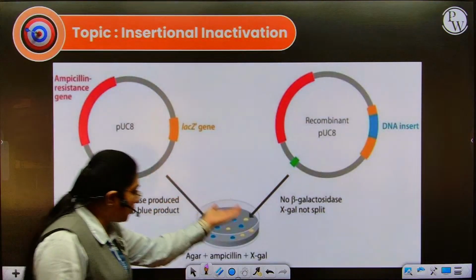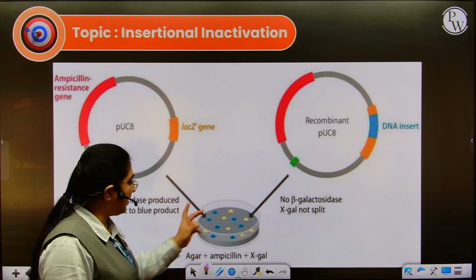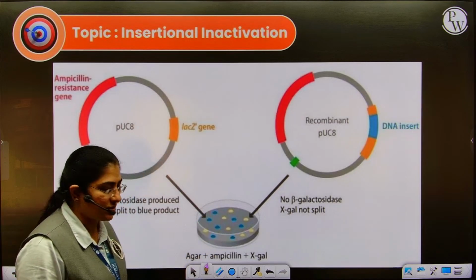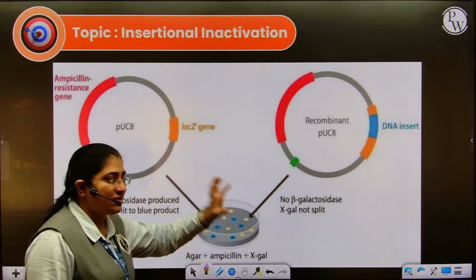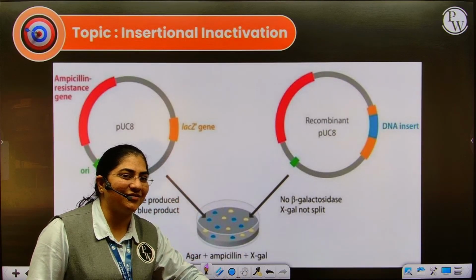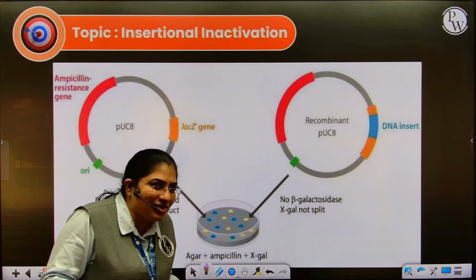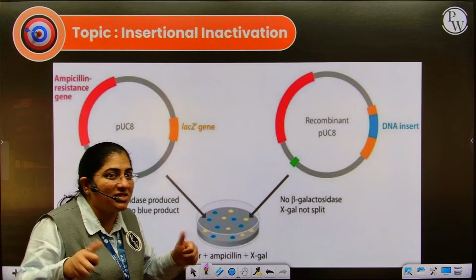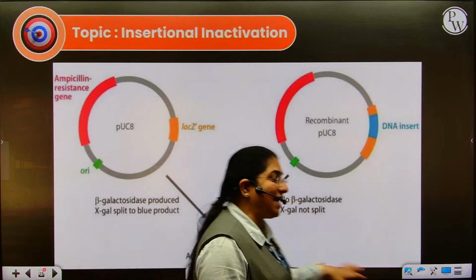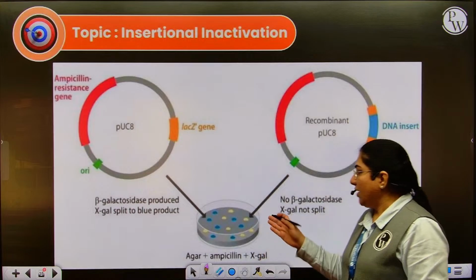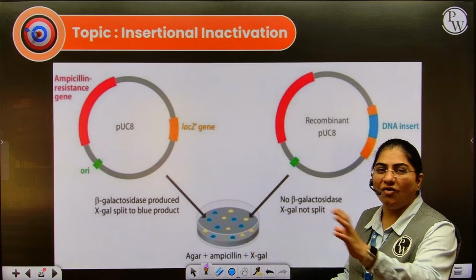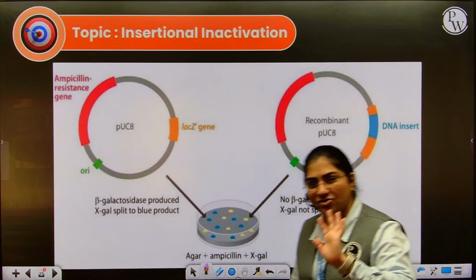So when I grow the colonies of the bacteria, I will have two different colors. I will have blue colonies and I will have white colonies. Blue colonies mean the lacZ gene for beta-galactosidase is not inactivated because there is no insertion of the gene of interest. It's a non-recombinant, meaning it is of no use to me. The one that is of use to me is the white colonies, because they do not produce blue color due to insertional inactivation of the lacZ gene.